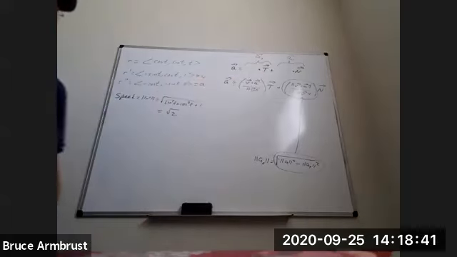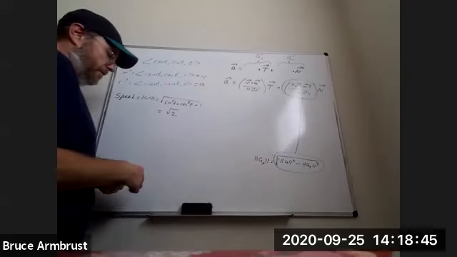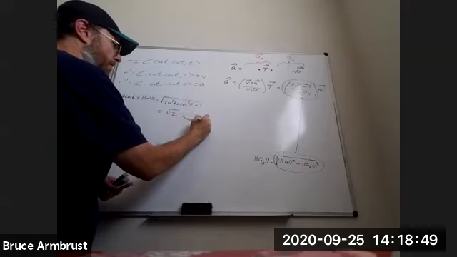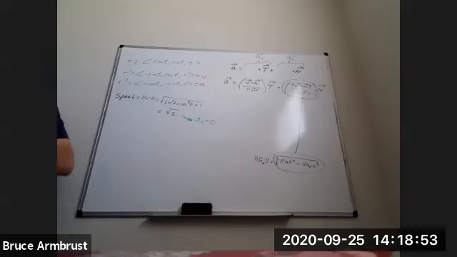The normal changes direction. So what we should find from this is that a sub t is equal to 0. So all of our acceleration should be normally pointing.